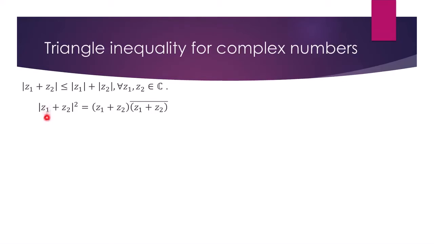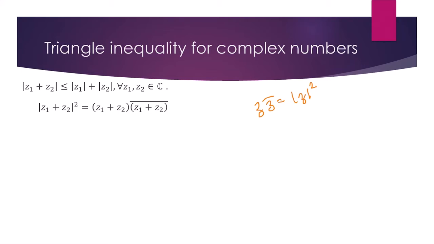Let's prove this. First I will take the absolute value of z1 plus z2 square. We have studied a property that z times z bar is equal to mod z square. So I can write mod z square as z times z bar. So here I am writing z1 plus z2 times the conjugate of z1 plus z2.